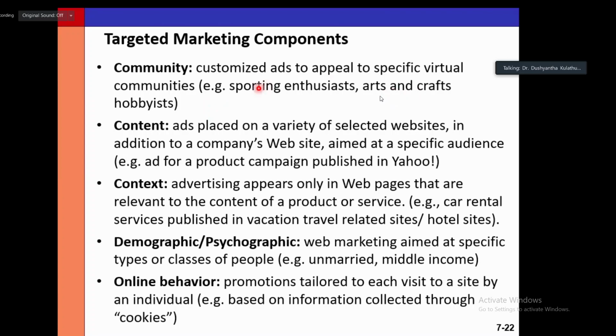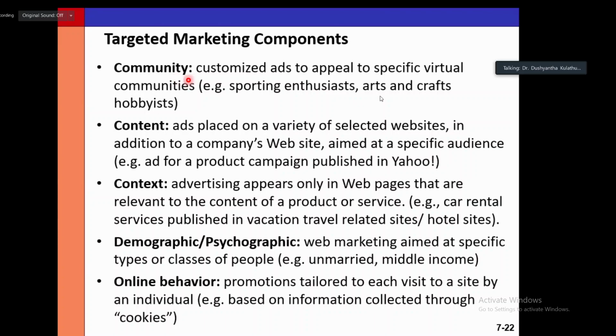And also, suppose we want to hire employees, again we can use the same concept. Suppose we want to recruit software engineers or programmers, then we can target virtual communities which have connected those professionals or programmers.